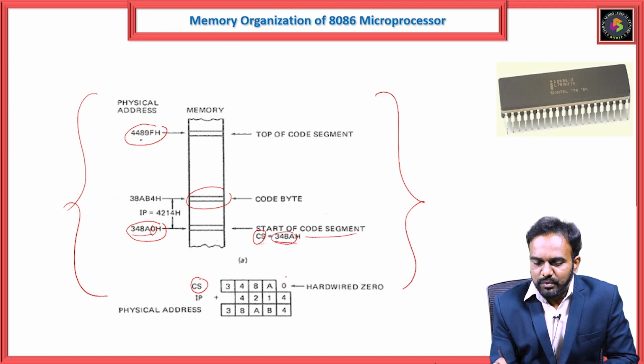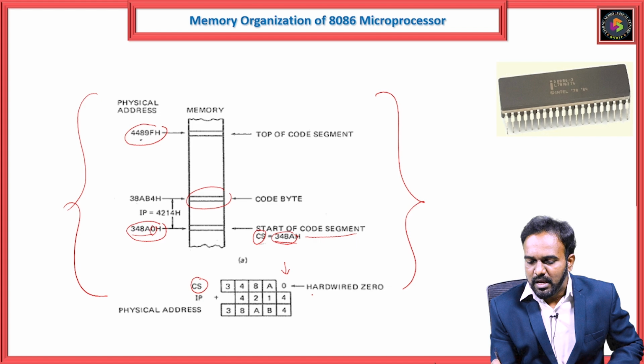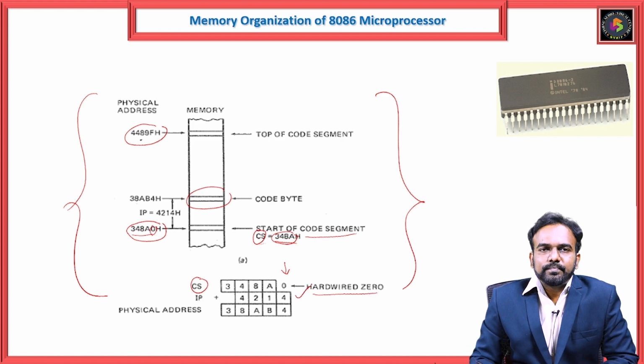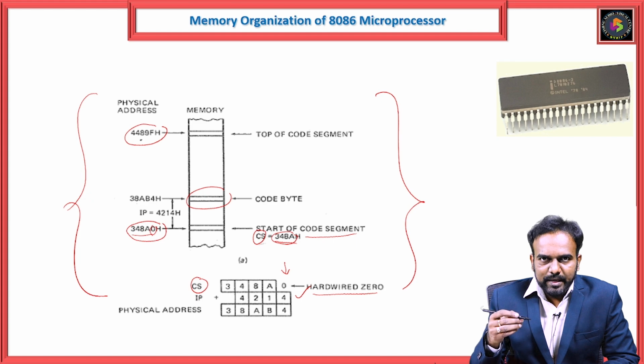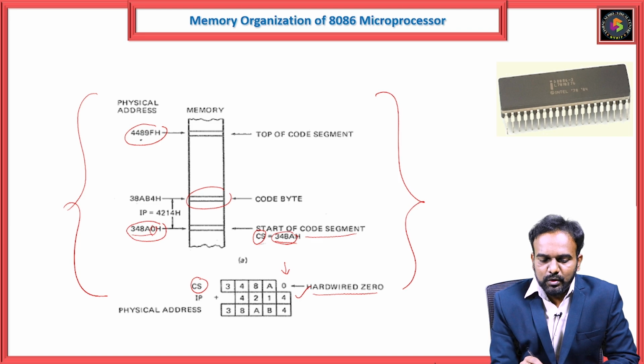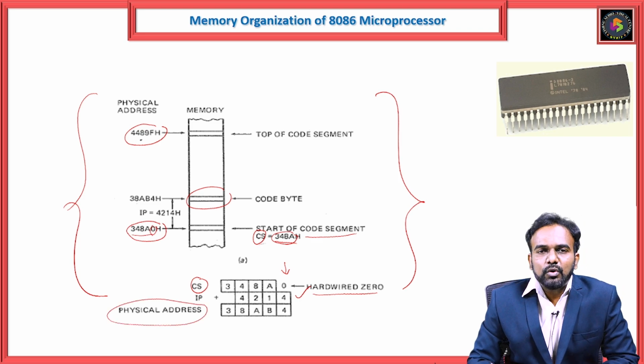Here we are adding the 0, which we call the hardwired 0, plus we are going to add the offset address. Finally, after adding the 0 to our existing base address plus offset address, we get the 20-bit physical address. This is the final 20-bit address.